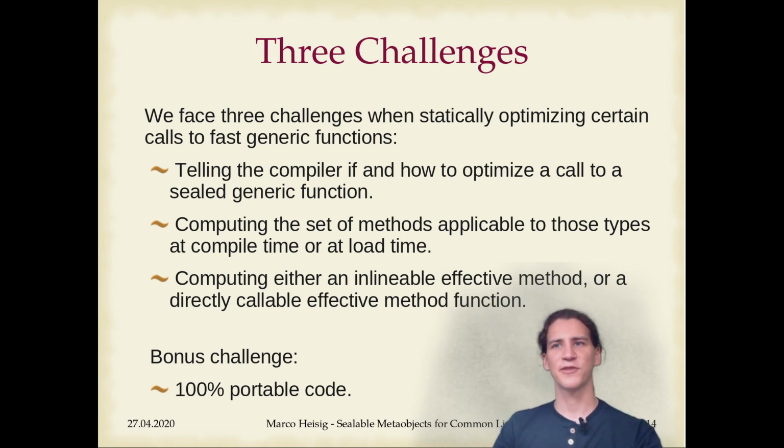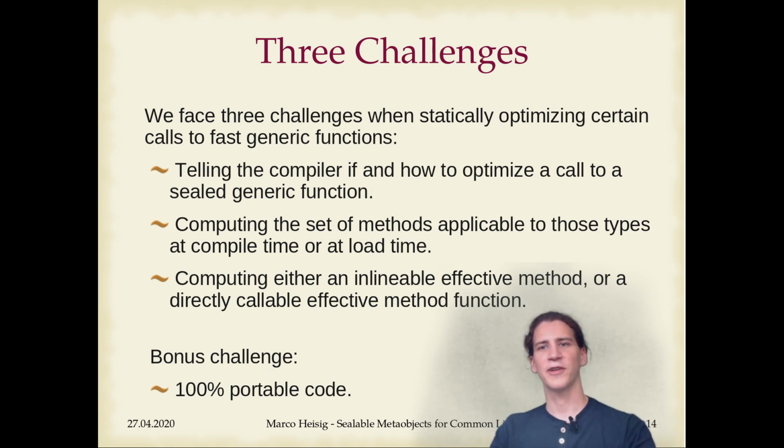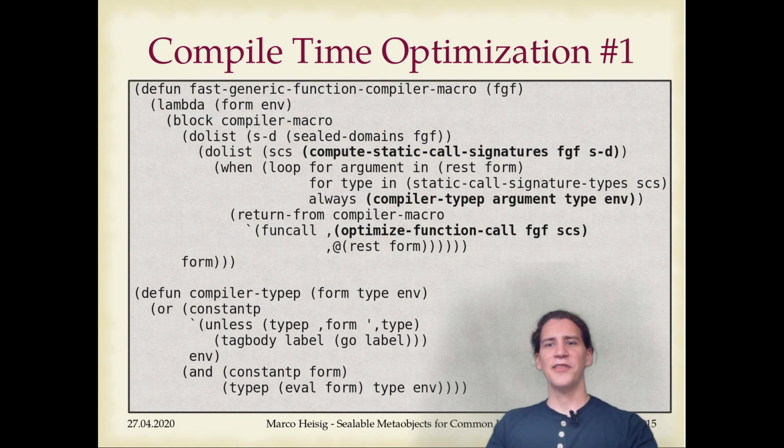Challenge number two is computing the set of methods applicable to those types at compile time or at load time. And challenge number three is computing either an inlineable effective method or a directly callable effective method function. And the bonus challenge is, I like portable code, so can I do this with 100% portable code, except that I use CLOS AMOP? And the answer is yes, with some trickery.